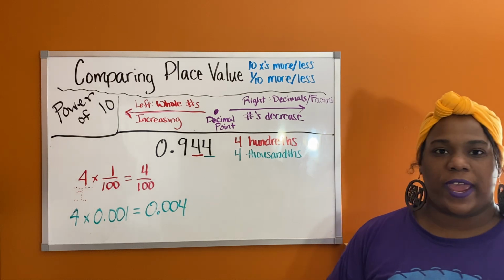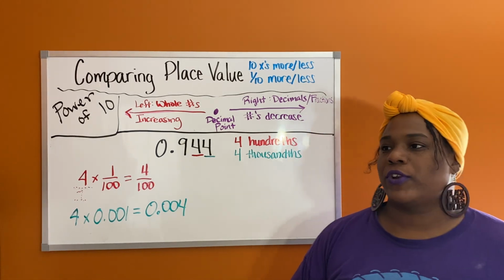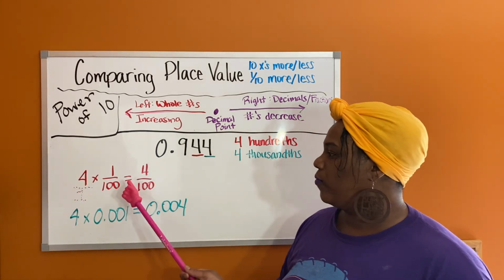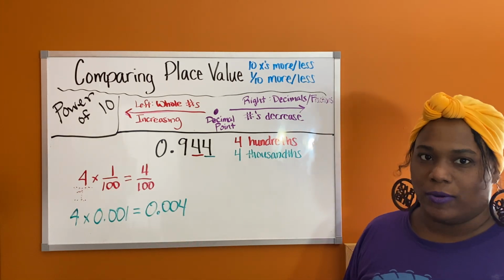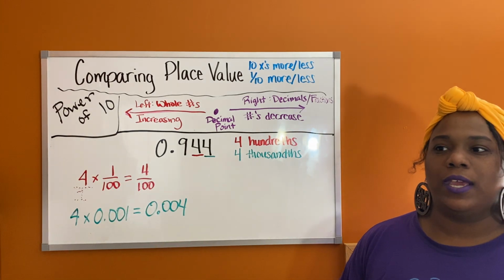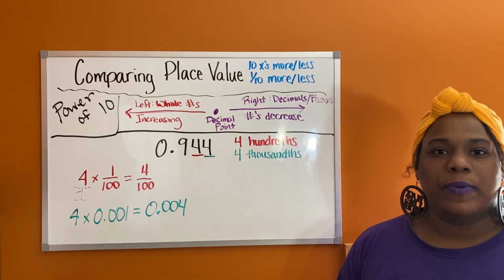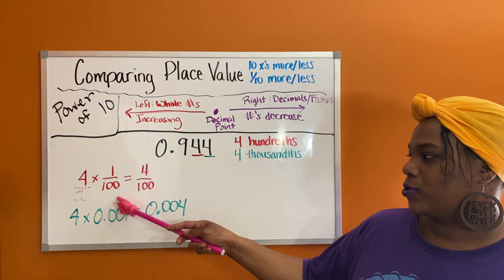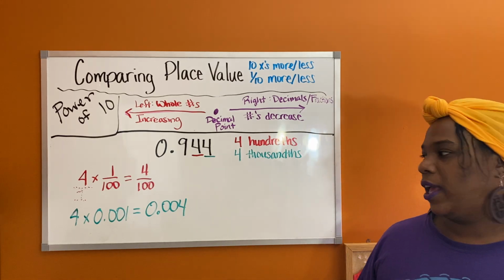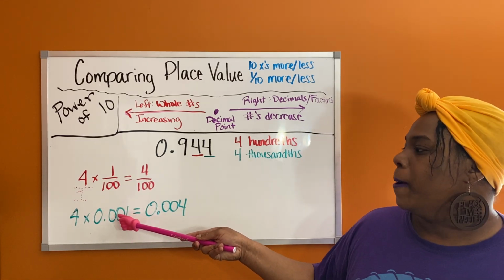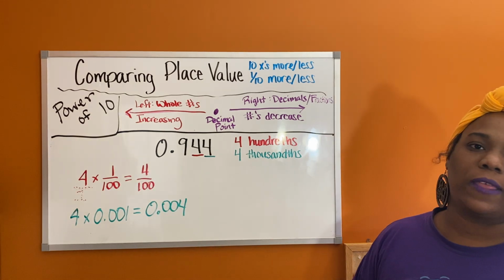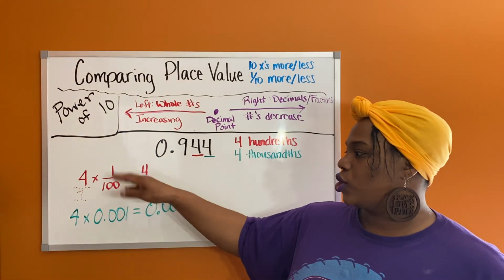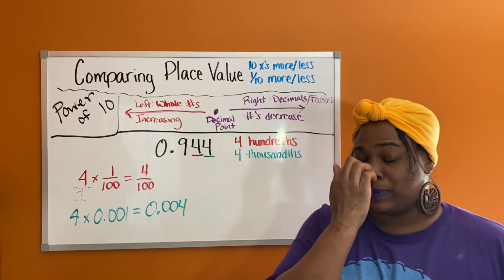So those are the two ways to multiply, whether you're using the decimal form or the fractional form, still coming out with the same type of answer. Right here, they're not equivalent because we're talking hundredths and thousandths. But if I was multiplying here by hundredths, then my 1 would be here and my 4 would be there, therefore making them equivalent. But I just wanted to show them to you in both ways as a reminder.